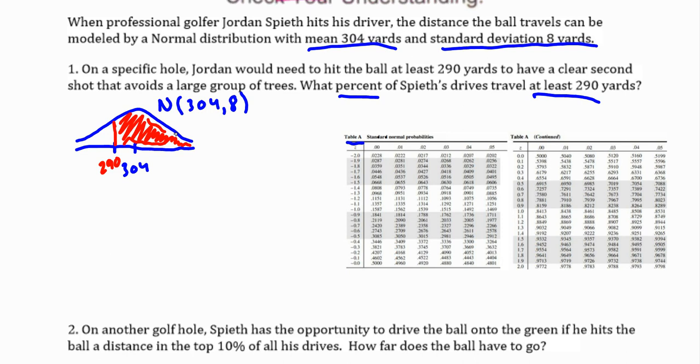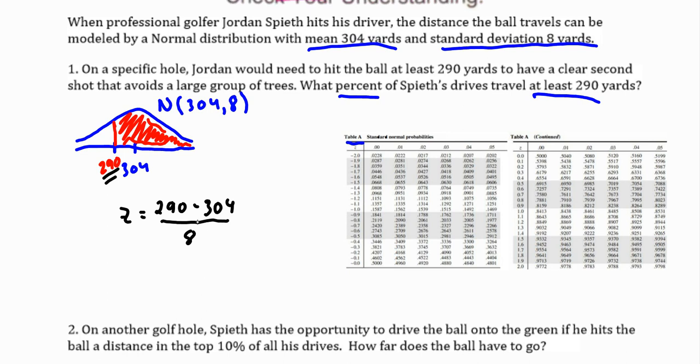Now, to help us figure this out, we're going to use a z-score in Table A. So we're going to find the z-score of 290. We're going to take 290, subtract the mean, 304, and divide by the standard deviation, which we know is 8.